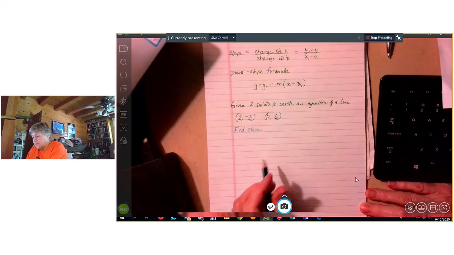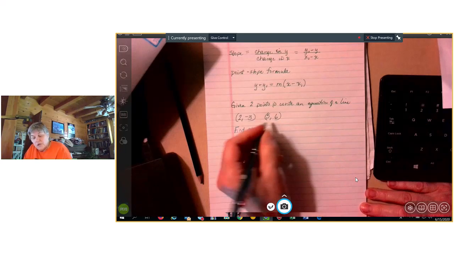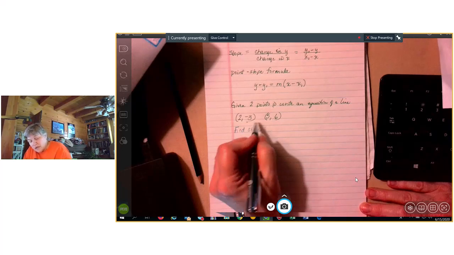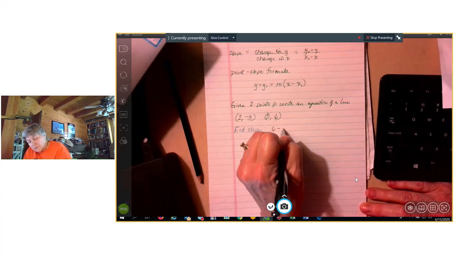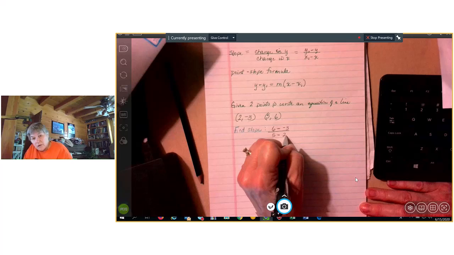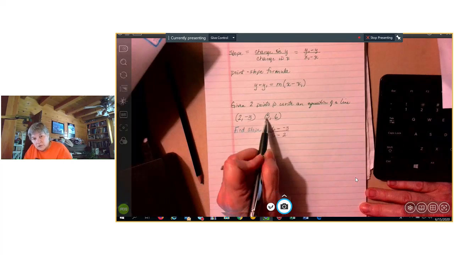I'm trying to find some pens that actually show up. So I'm going to do, and it doesn't matter which one's my y and which one's my y1, as long as I have them in the same order, 6 minus a -3 all over 5 minus 2. Remember, if this is my y1 that comes first, then this has to be my x1 that comes first.